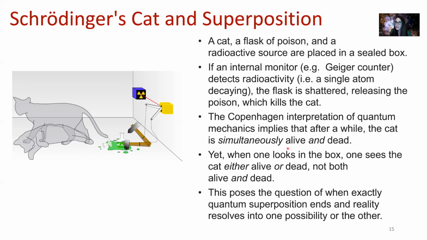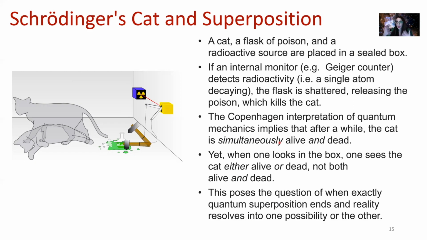So this poses the question of when exactly quantum superposition ends and reality resolves into one possibility or the other. So quantum superposition, or just superposition, refers to this idea that something could be both true and false at the same time, or something could be both up and down at the same time, or the cat could be both alive and dead at the same time.